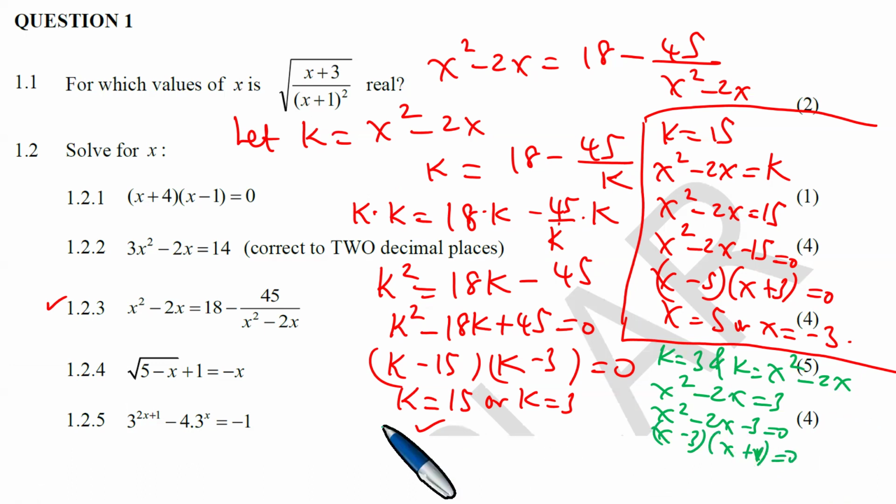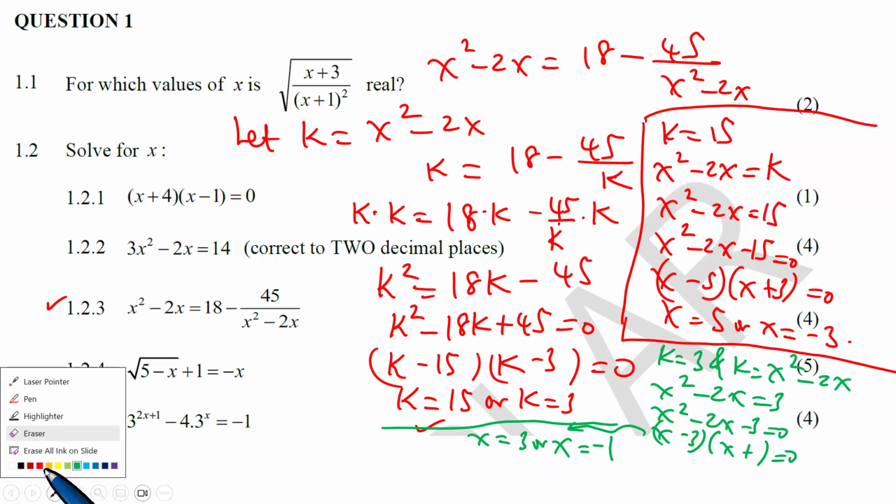So x is 3 or x is minus 1. Pay particular attention to this. Please let me know if you have a question, but I know this is very, very easy.